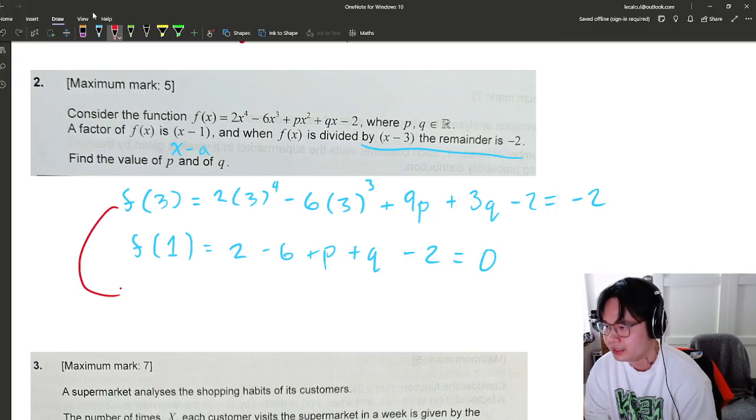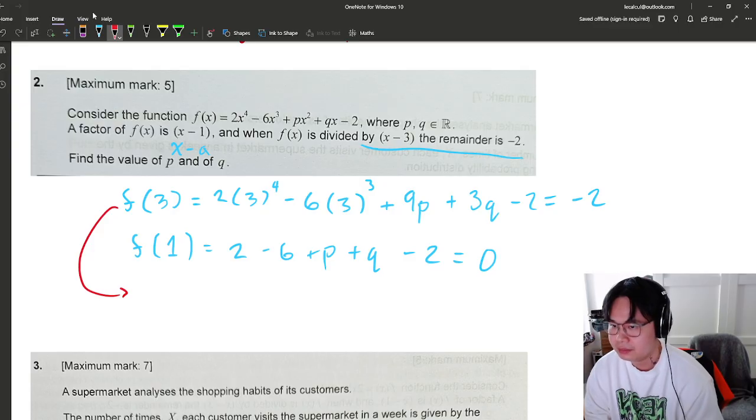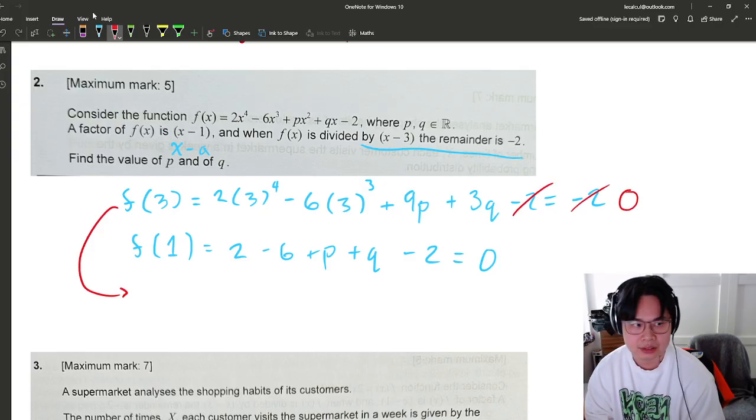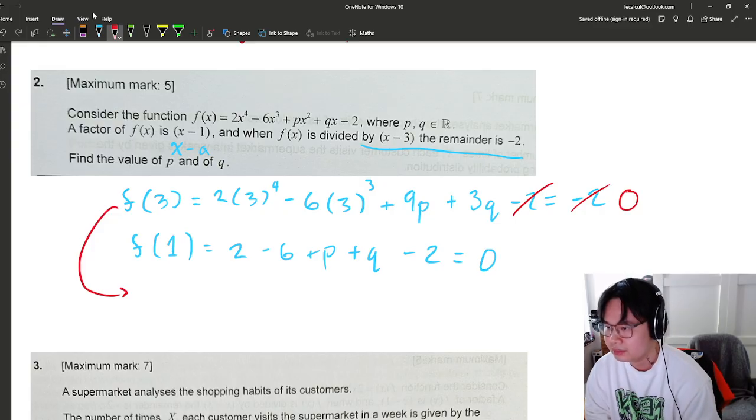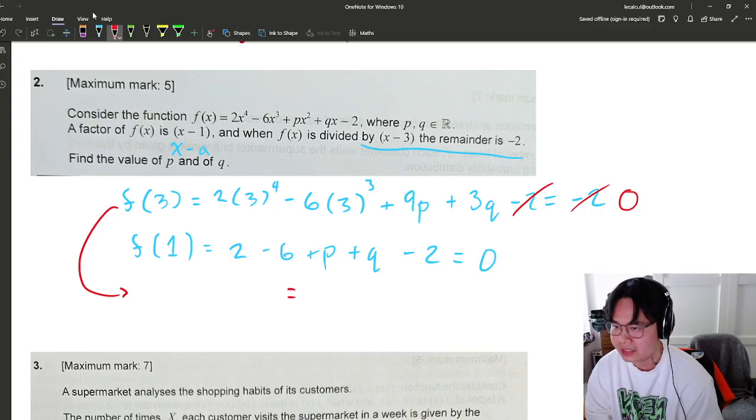So in the first equation here, this cancels to make 0 on the right side. And then what is this?